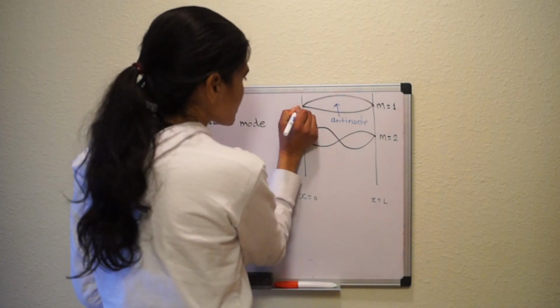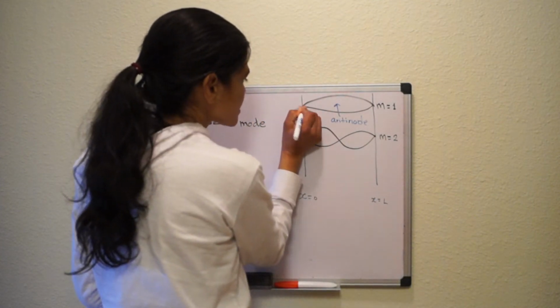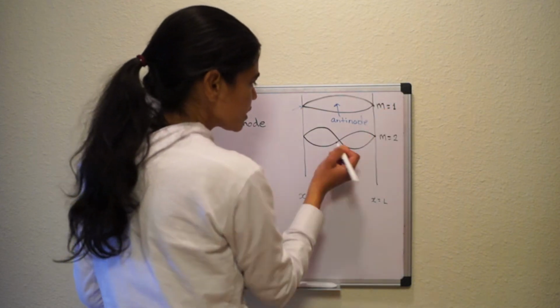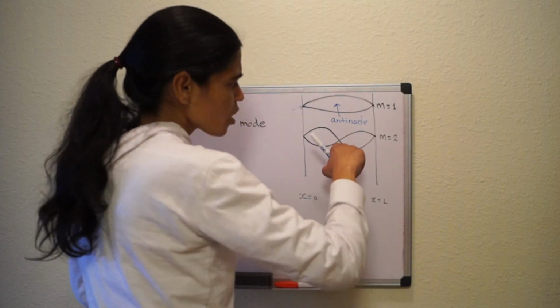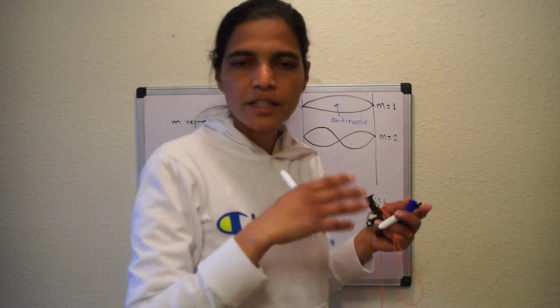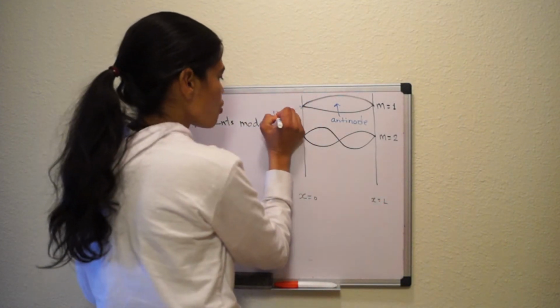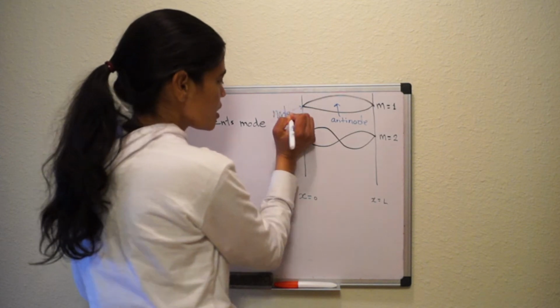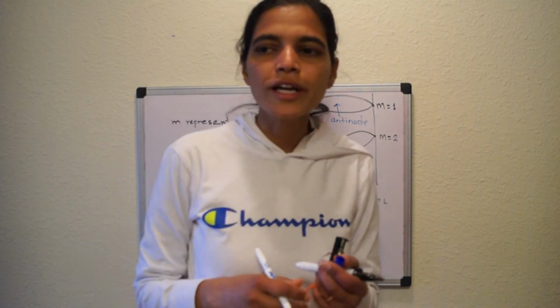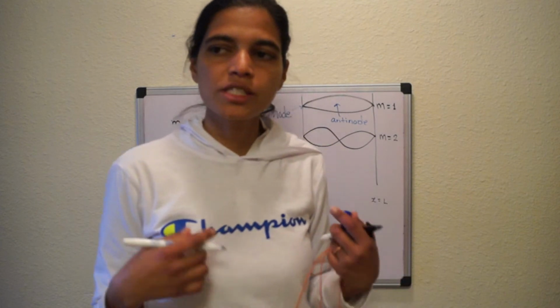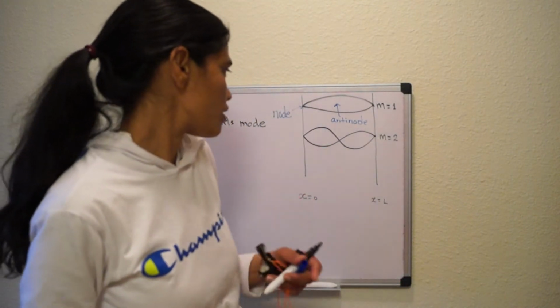This point here, where the particles are bounded, it looks as though the particles are not oscillating at all. These points are called node, okay? So important thing, node and antinode are produced when there is a standing wave in a string here, okay?